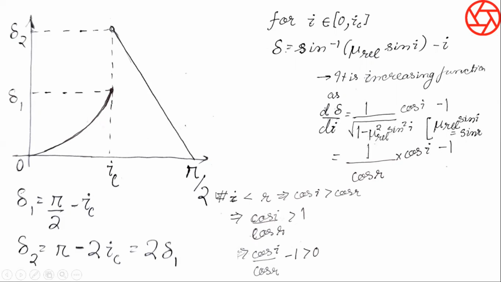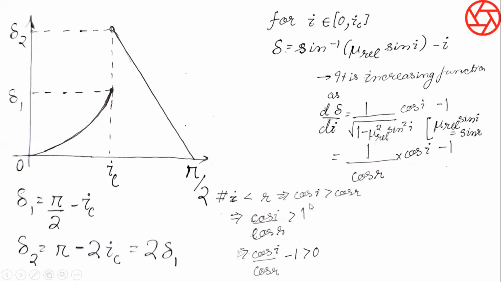And since the angle of incidence is less than the angle of refraction, as the light ray was traveling from the denser medium to the rarer medium, and since both the angles are less than 90 degrees, the cos would follow an inverse rule. That is, if the angle of incidence is less than the angle of refraction, then the cos of the angle of incidence would be greater than the cos of the angle of refraction. You can relate it to trigonometry itself.